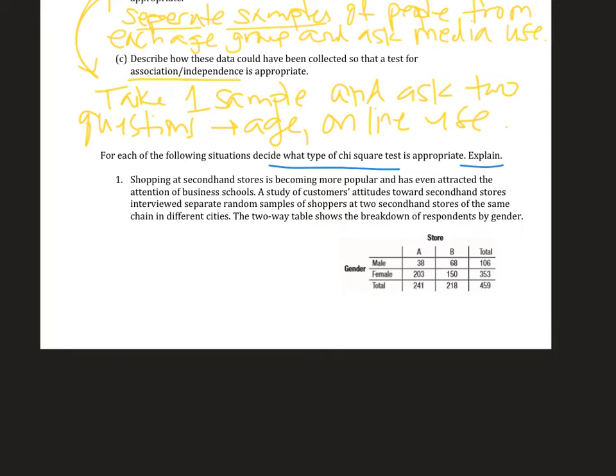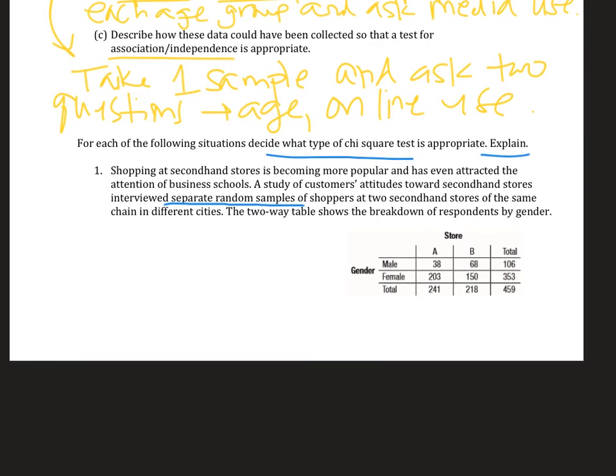A study of customers' attitudes towards secondhand stores interviewed separate random samples of shoppers at two secondhand stores of the same chain in different cities. The two-way table shows the breakdown of respondents by gender. All right, so this right here, interviewed separate random samples, that's the biggest thing to look for.